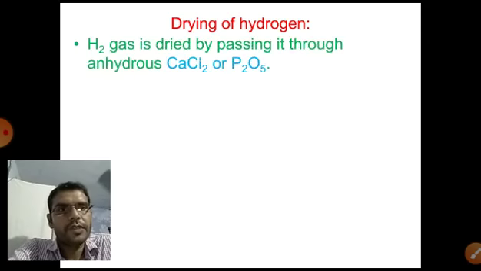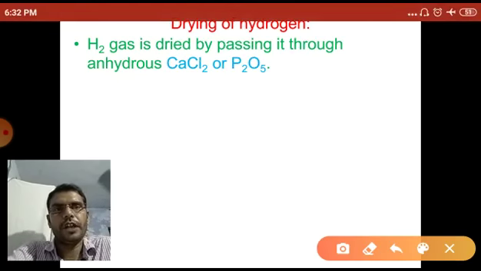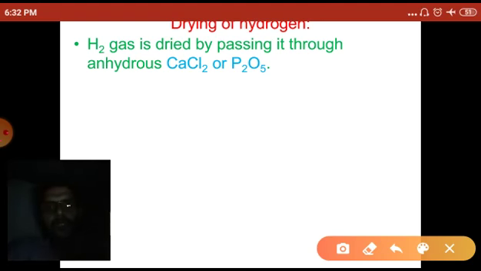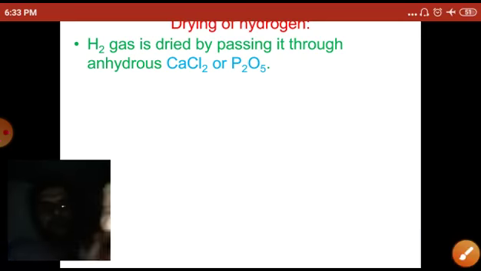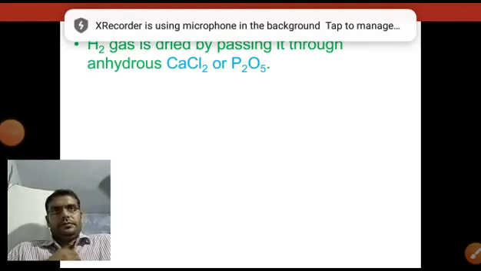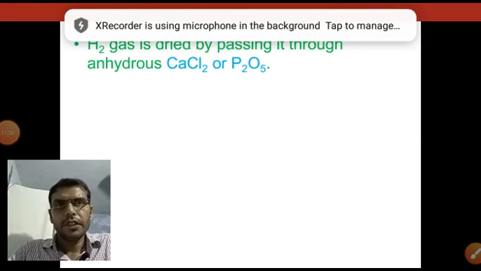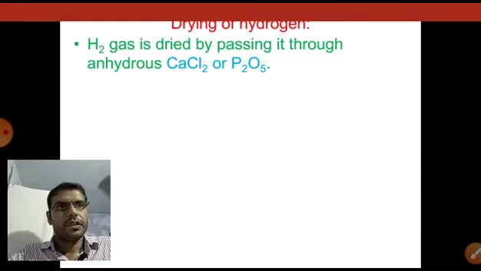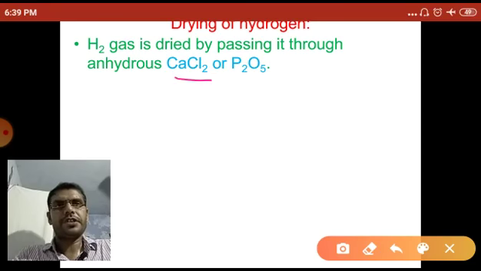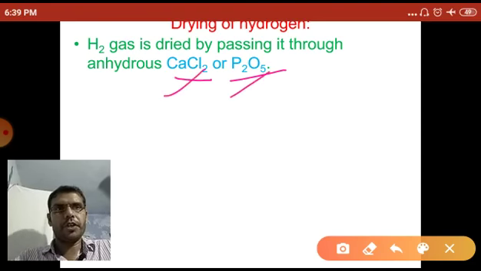So for the drying of hydrogen gas, the hydrogen gas is dried by passing it through anhydrous calcium chloride and phosphorus pentoxide.